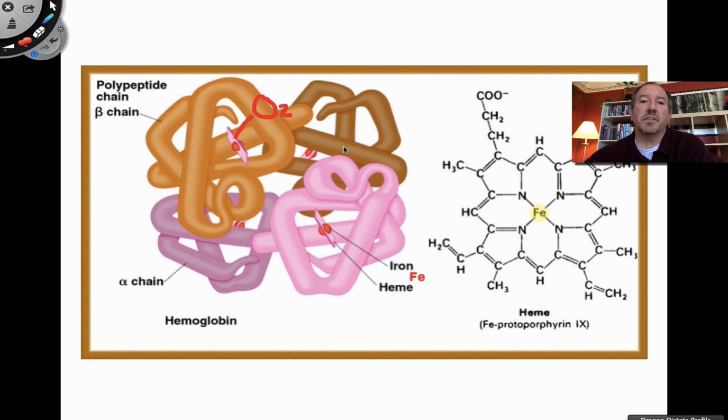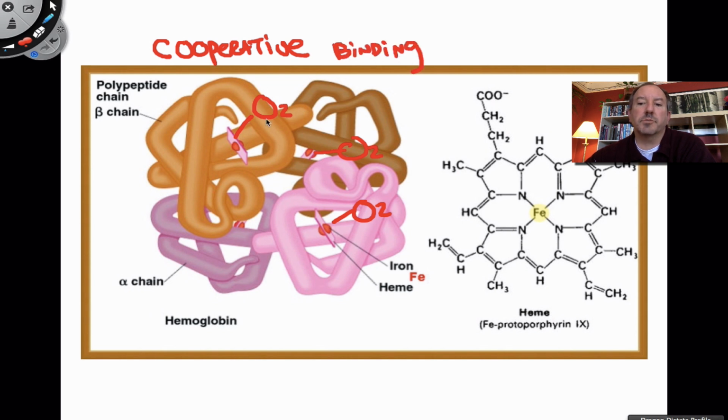So one attaches, and then the other one attaches, and then the other one attaches. And so what I'm going to call this is cooperative binding. And cooperative binding is really cool because when one binds, the other ones are more likely to bind to the hemoglobin. It's sort of like, one person gets on, then the other ones can get on a little bit more easily. And that's kind of interesting.